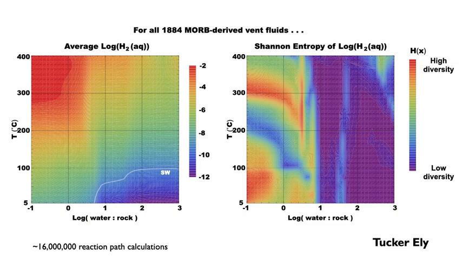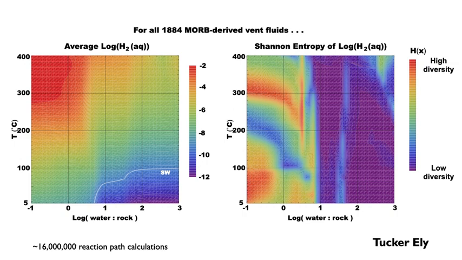Moving to the left, we can see that the Shannon entropy is increasing, meaning that there is a higher diversity, which means that the composition of rocks are having a greater influence. The variability in the rock composition is having a greater consequence on the variability of hydrogen that can be produced.